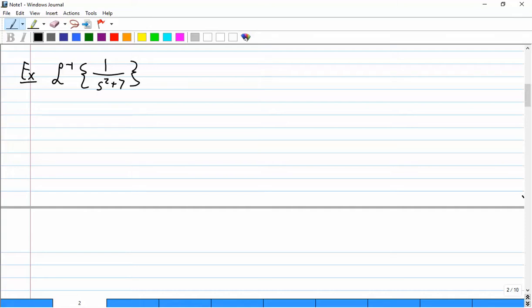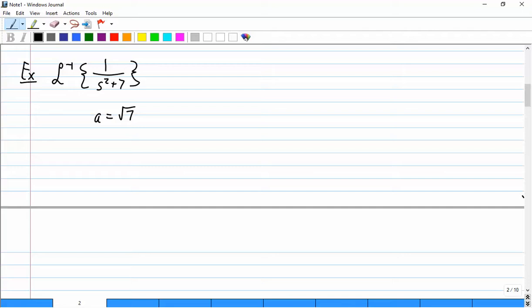Well, we have a constant here in the numerator, and we have an s squared plus another constant. So for the formula to work out for sine, it has to be a over s squared plus a squared. So let's let a be equal to what? The square root of 7.